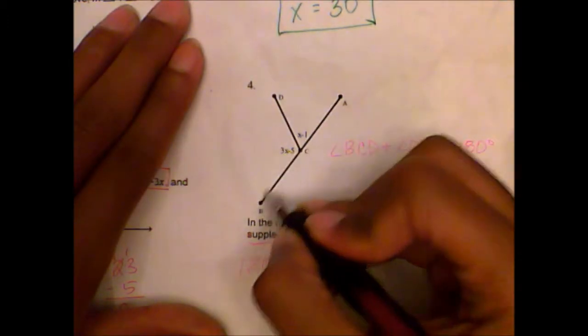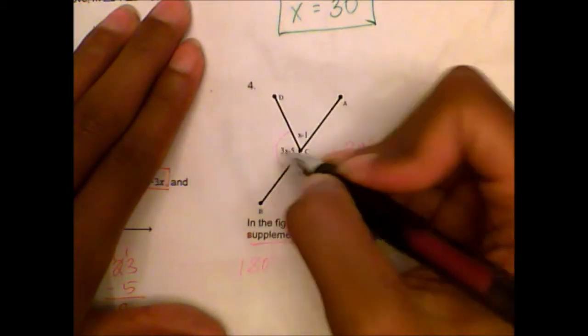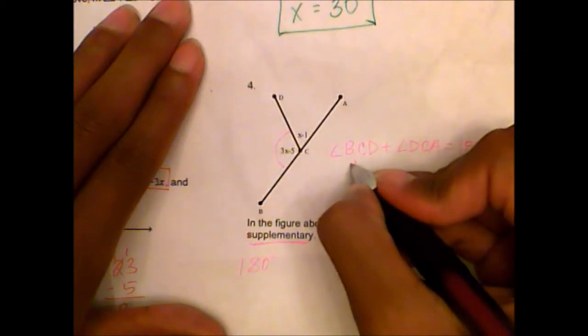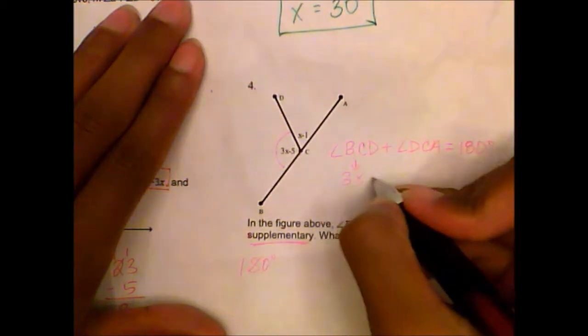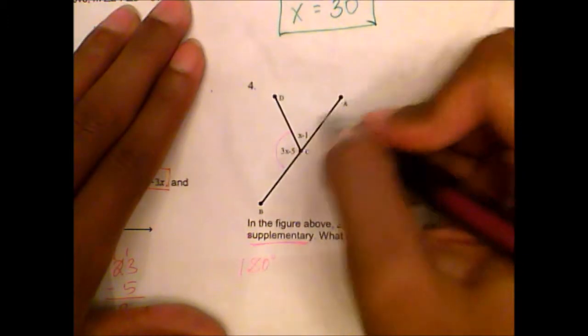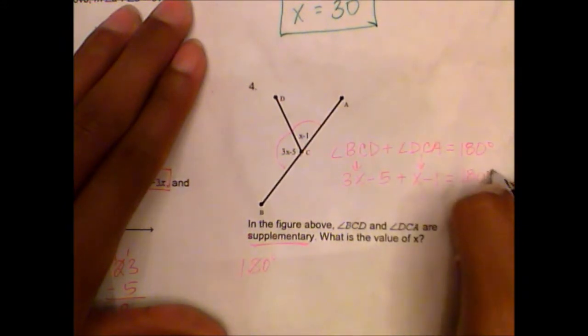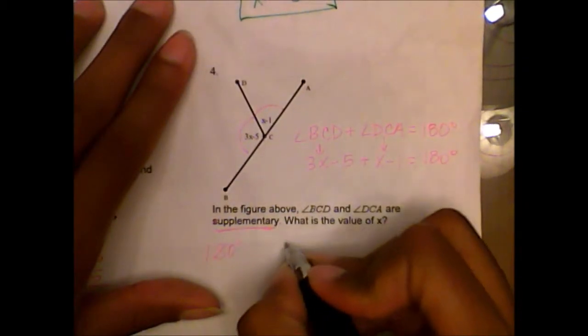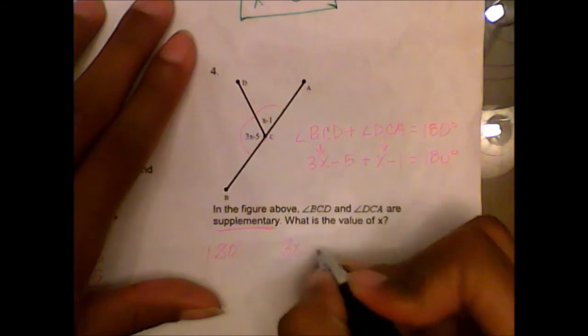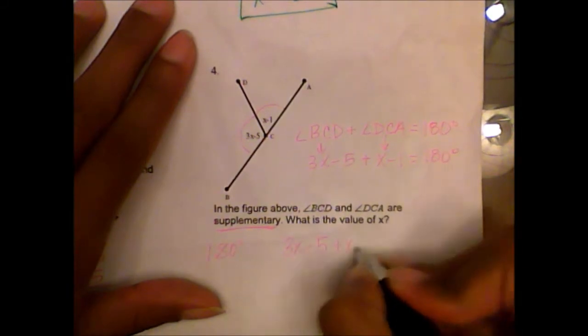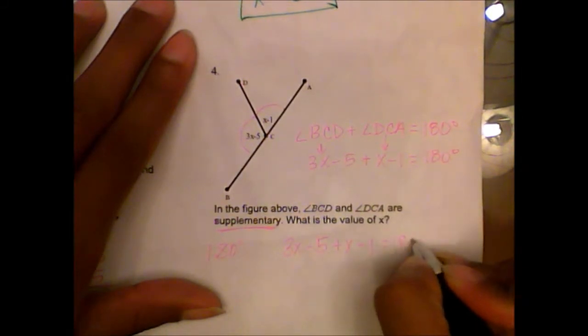BCD is right here, and they tell us that that is equal to 3x minus 5, and DCA is right here, and they say that that's equal to x minus 1. And again, all of that has to equal 180 degrees. So I'm going to bring this down here, because I'm going to run out of space if I try to solve it here.